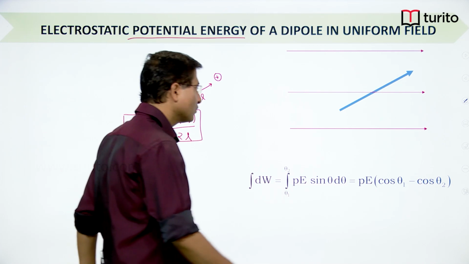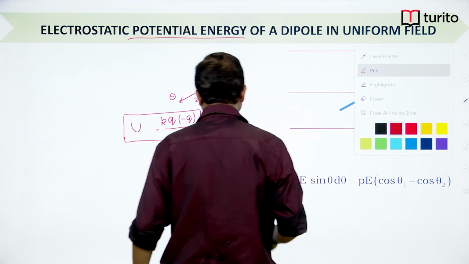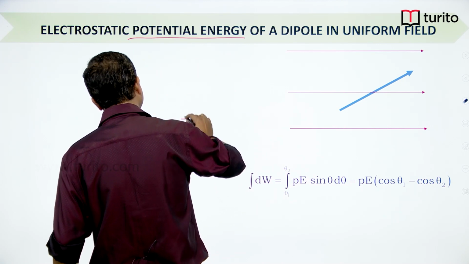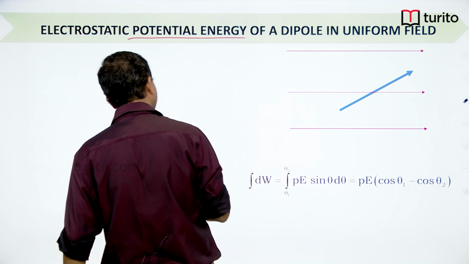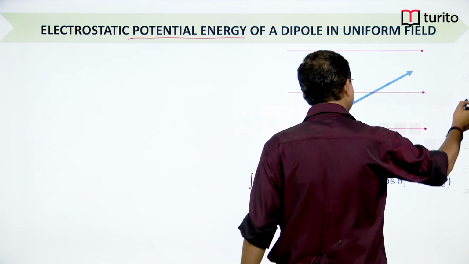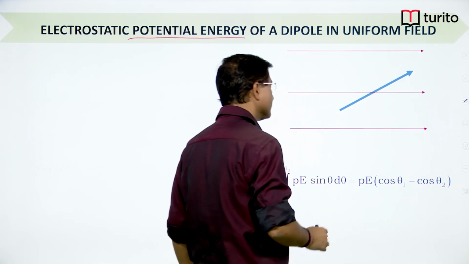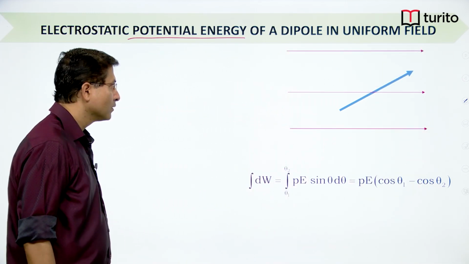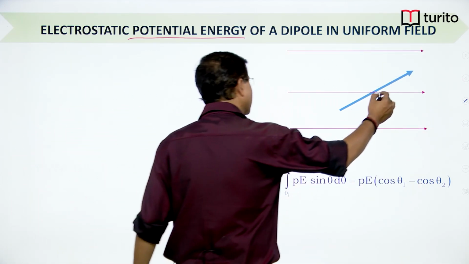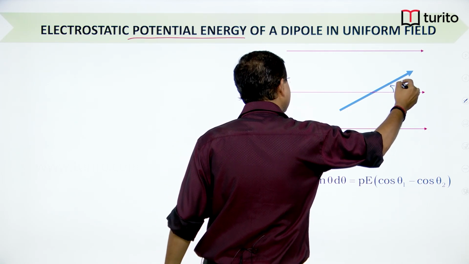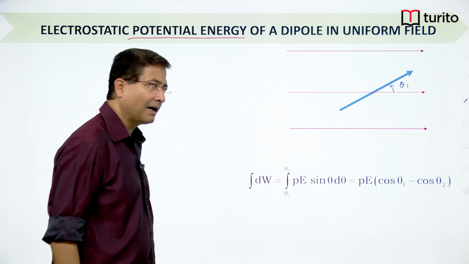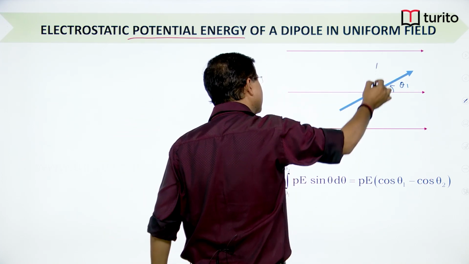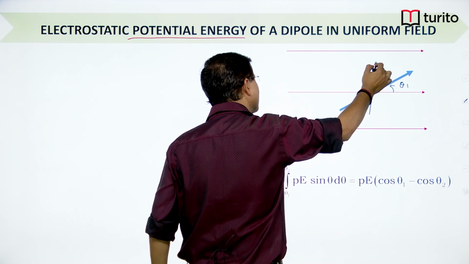Now, so if I say at this moment this angle is theta 1 and I want to rotate it slowly so that this becomes theta 2, right.